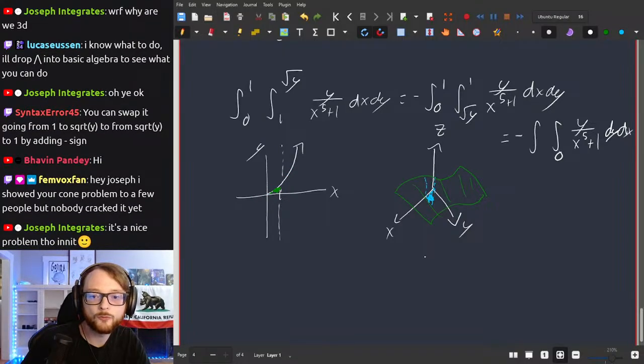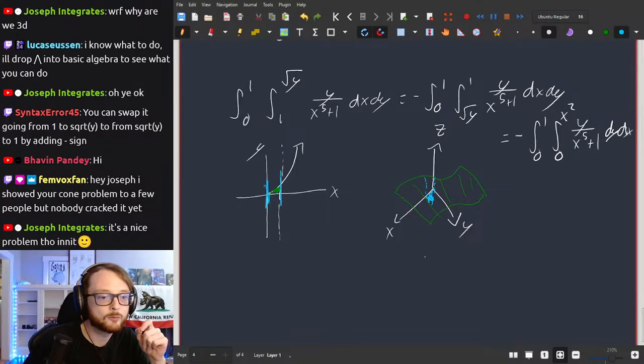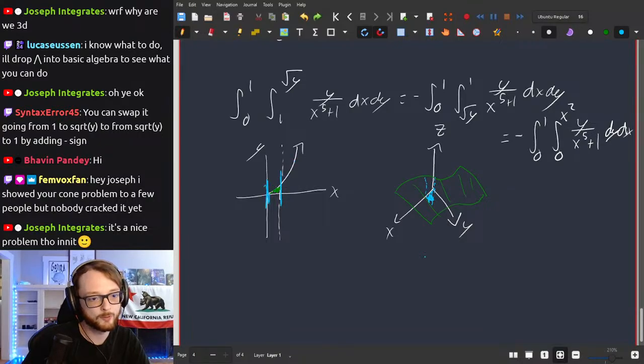So y goes from 0 up to x squared. And now x is simply going from 0 to 1. So once we've accounted for this curve once, we're kind of done with it.